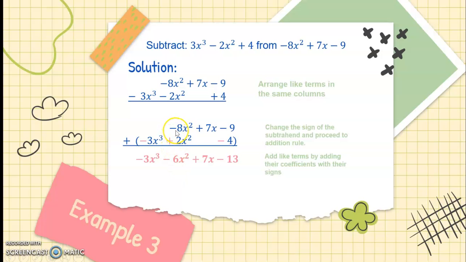Copy the sign of the number with the greater absolute value, that is negative, and then copy similar literal coefficient, x squared. And then, wala partner sa 7x, bring down positive 7x. And negative 9 plus negative 4, same sign, so we add 9 plus 4 is 13, copy common sign, minus or negative. So the answer now is negative 3x cubed minus 6x squared plus 7x minus 13.